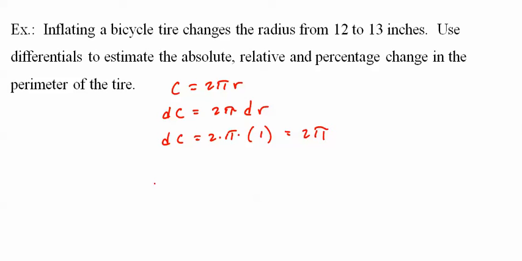The actual change is 2 pi times 13 minus 2 pi times 12, which is 2 pi. So they're actually the same. The absolute change is the same as the approximate change.